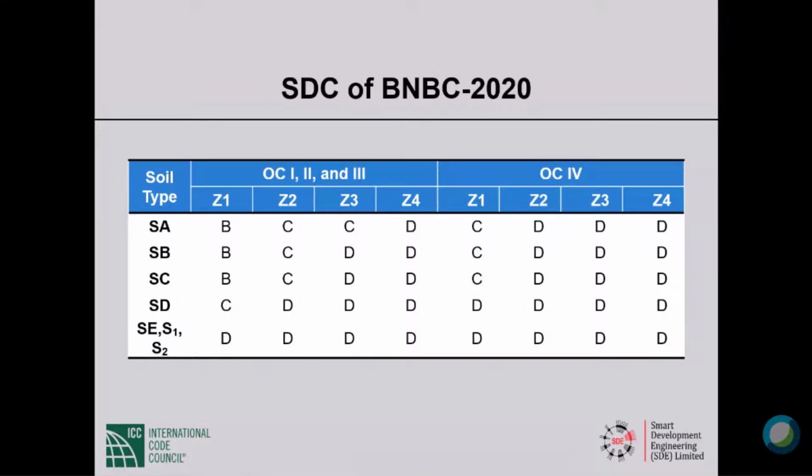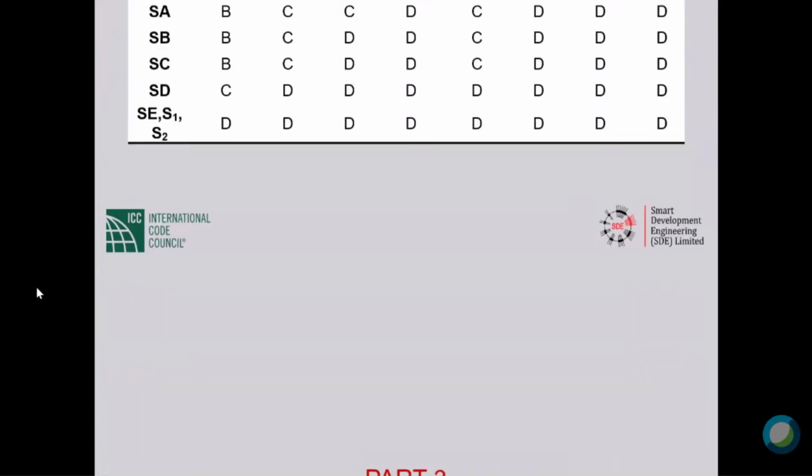You don't have to do it twice. Take the worst of the 2. It is given to you and you see that the categories are B, C, and D. There is no A, there is no E or F. So this is the table in BNBC 2020 that will give you your seismic design category depending upon the soil type, the zone, and the occupancy of the structure.